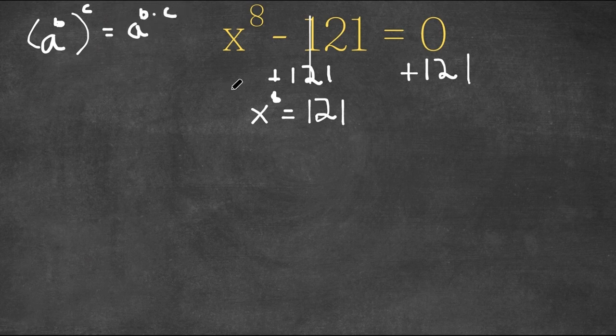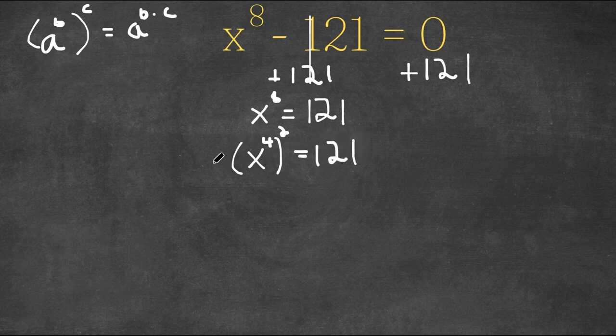So we're going to change our x to the power of 8 here so that it is in this form, a to the power of b to the power of c. So we're actually going to change this to x to the power of 4 to the power of 2, because 4 times 2 is 8, and that's x to the power of 8. And this is equal to 121.